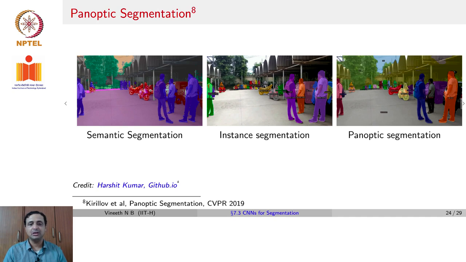Instance segmentation is where you only care about the instances of the objects in your categories, but you label each instance separately. And panoptic segmentation is the union of the two, where you label every pixel as belonging to different objects, and you also ensure that each instance of an object gets a different label altogether.